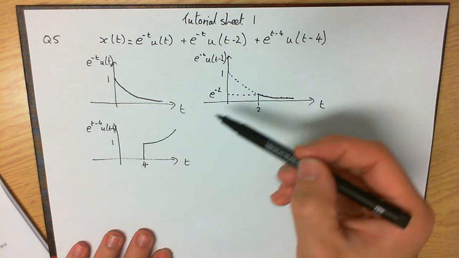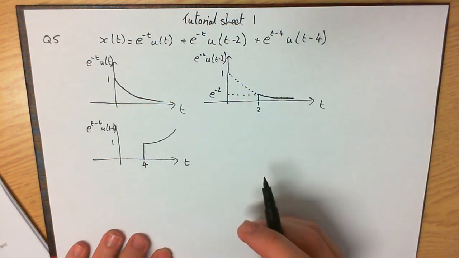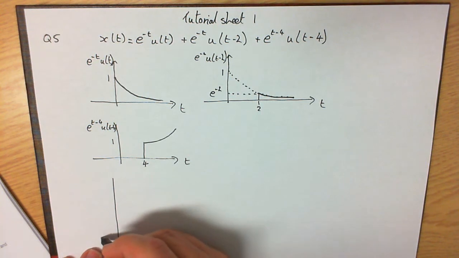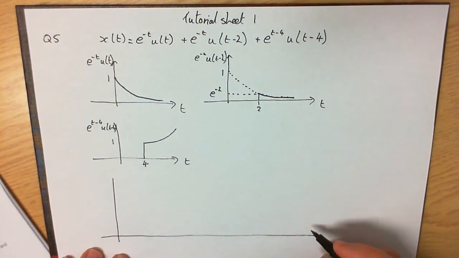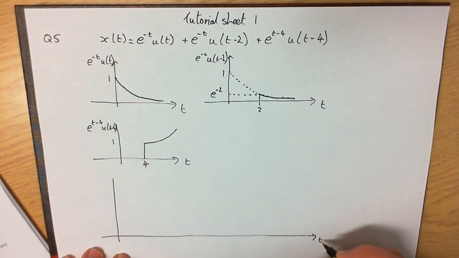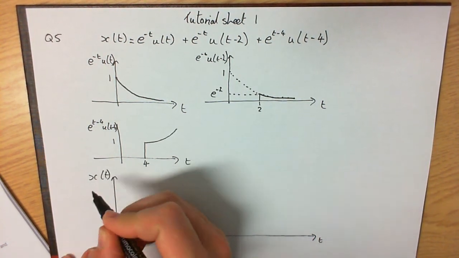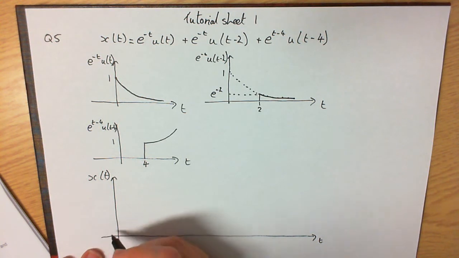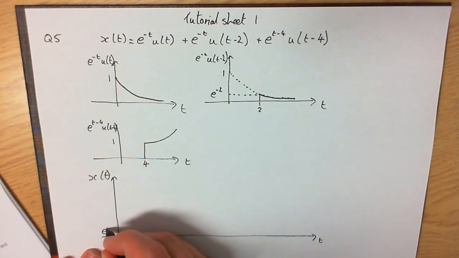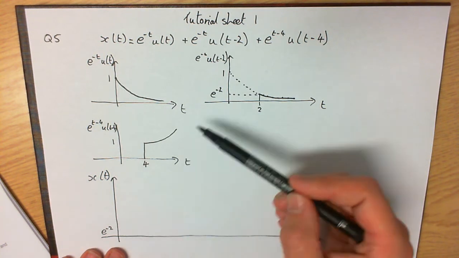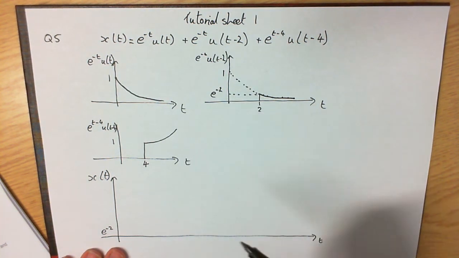So we've got 3 functions, and that's going to give us our final rather complicated looking graph for x of t. And we're going to need a few points on this graph. First of all, we're going to need e to the minus 2, which is due to that one.